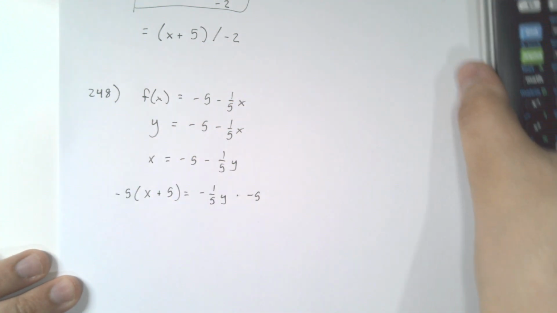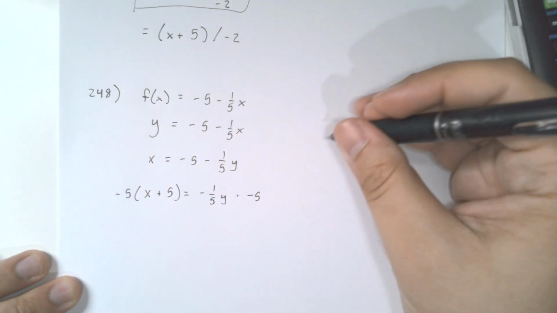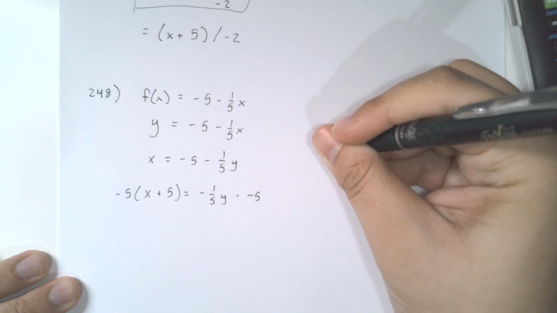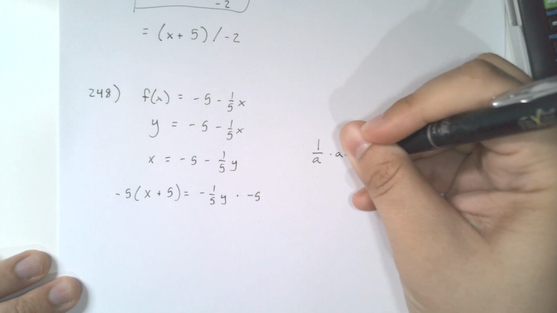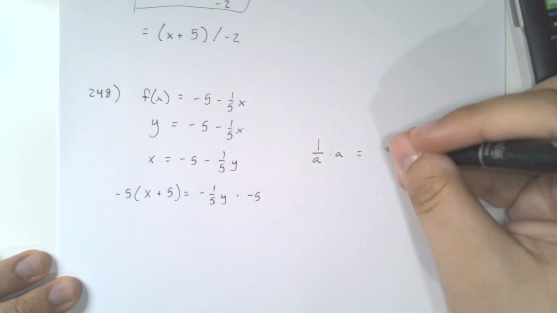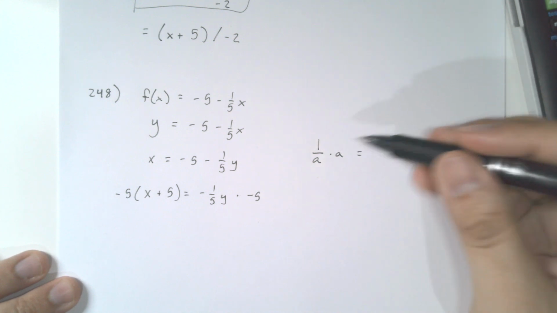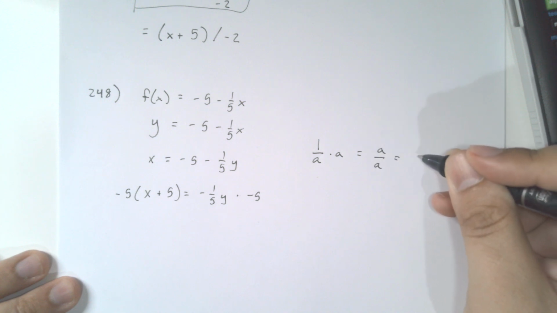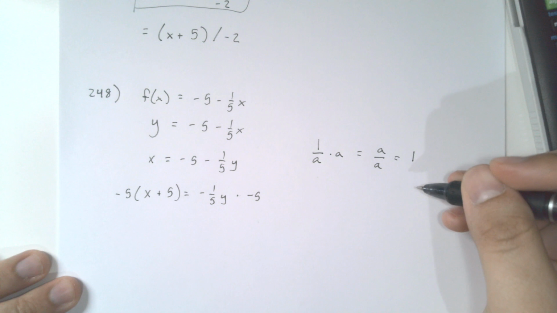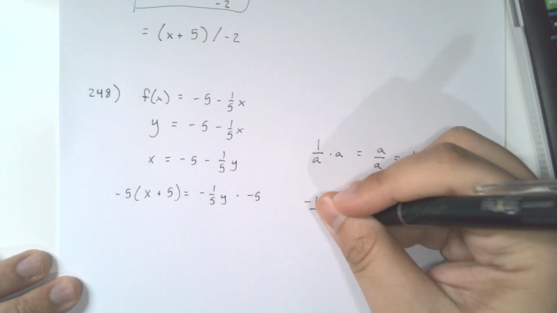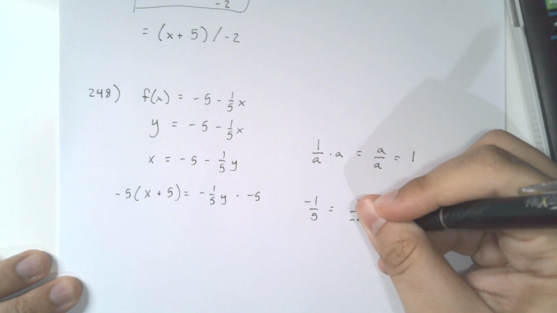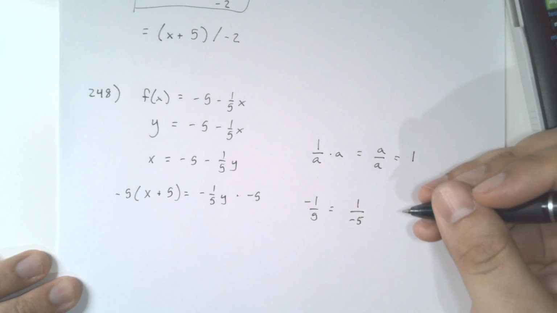So the reason that that happens is that any time you have something of the form 1 over a times a, this always cancels out because we multiply the a and the 1 together. This gives us a over a, and anything divided by itself is 1. Well, negative 1/5 is the same thing as 1 divided by negative 5.